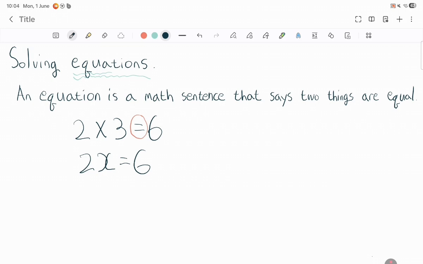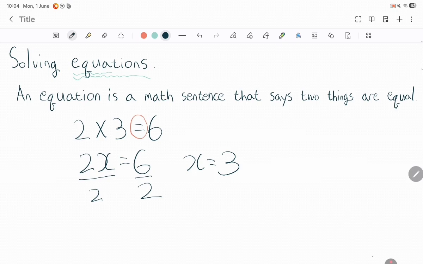But usually what we do is divide both sides by 2 just to isolate this x. So we just leave x alone, and this is how we solve equations.